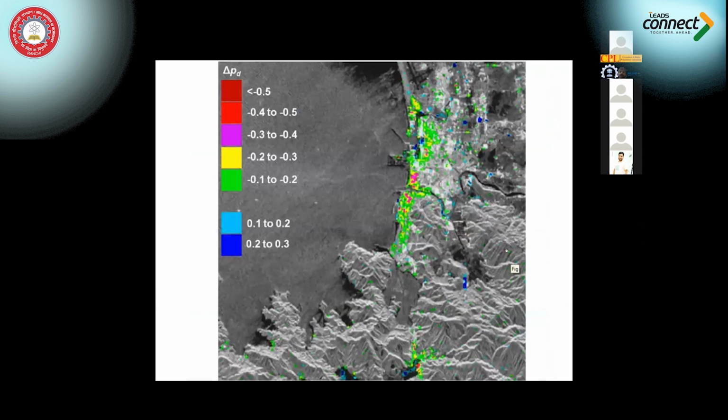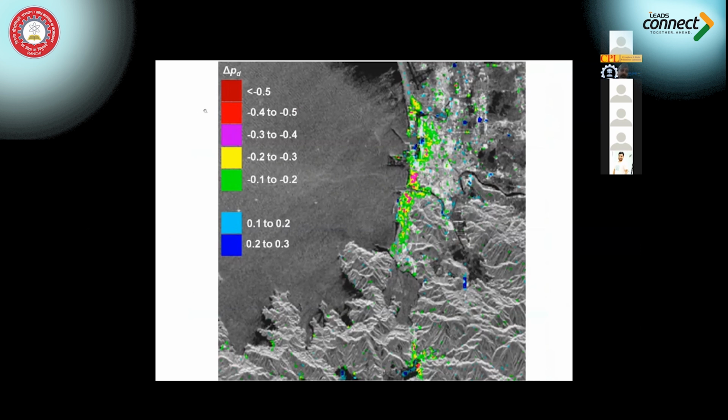Okay, so you understood how that scattering information is changing and that can dictate the damages. So that can be translated into difference-based detection of the damages. Where the double bounce scattering change is high, high damages will be there.